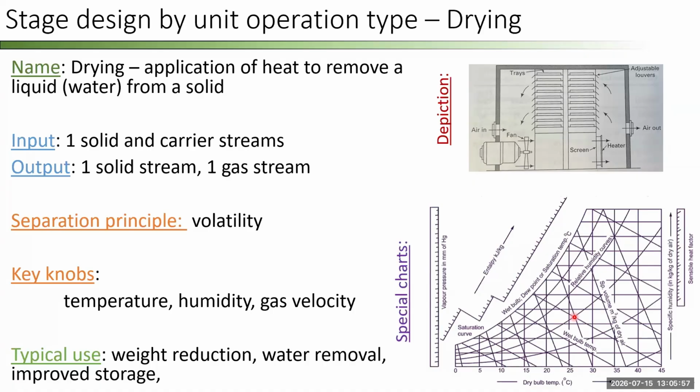So we want, in general, to be below these relative humidity lines, right? So we want the air that's coming in and moving through here to be below the saturation level of that liquid at the temperature I'm operating at.